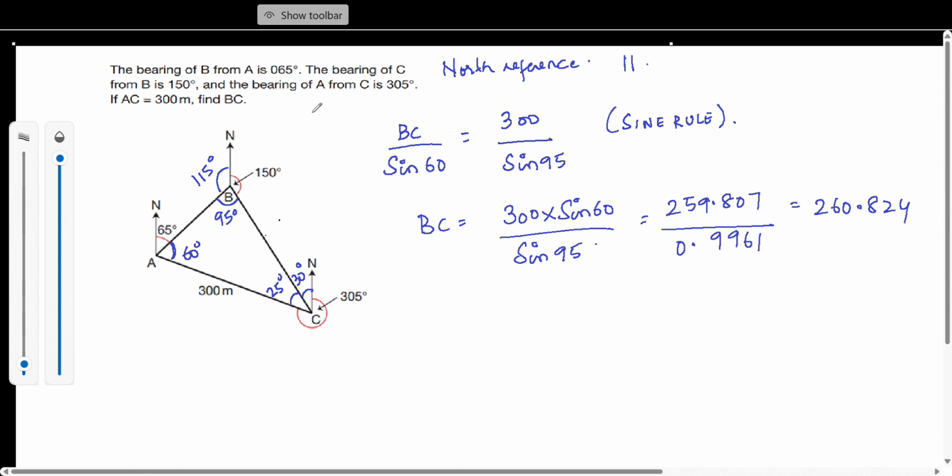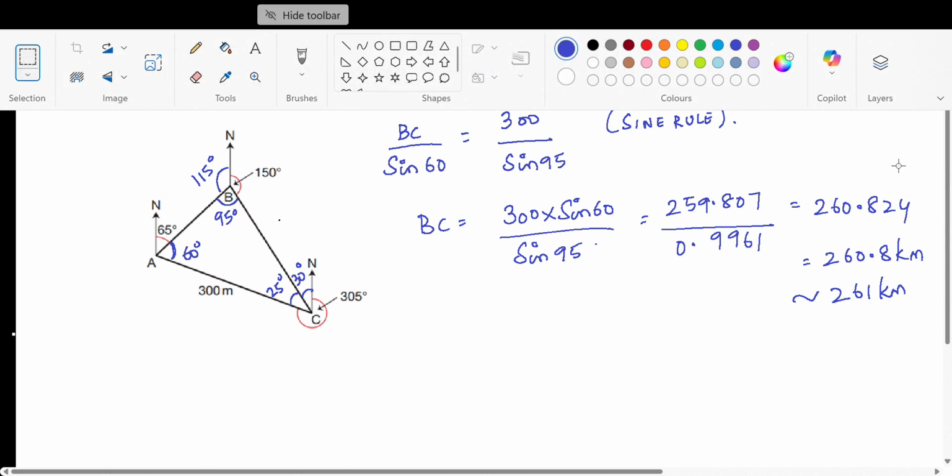Normally, when nothing is specified, you can give the answer to 3 significant figures or 1 decimal place. Should be 260.8, or roughly 261. This is, sorry, I think it should be meter, because the given unit is meter.